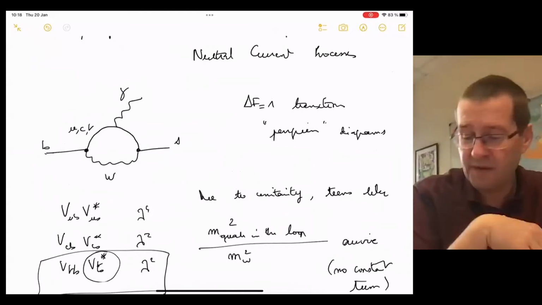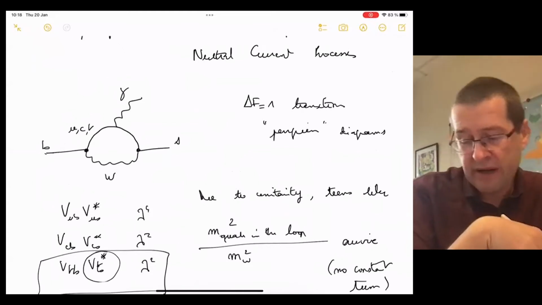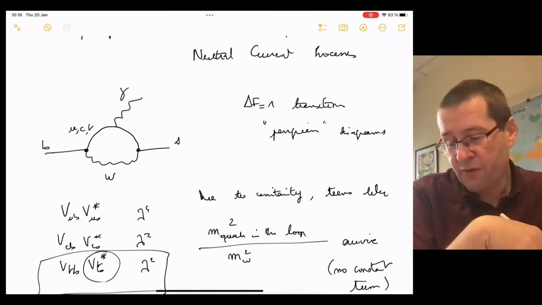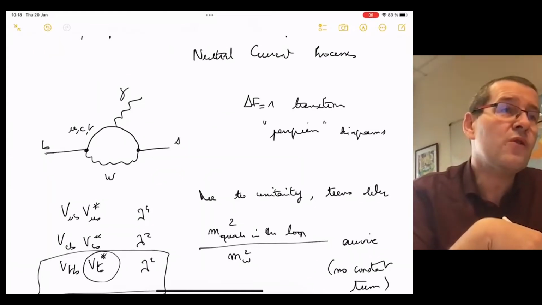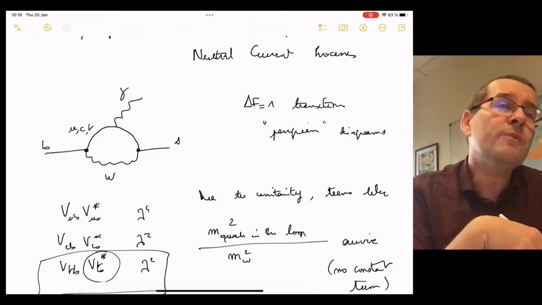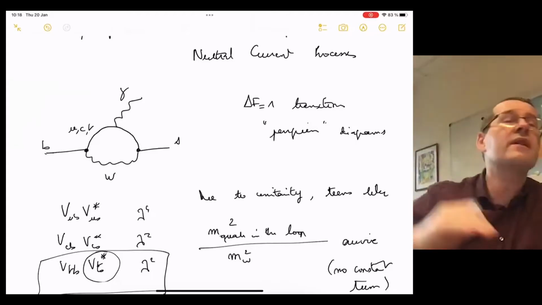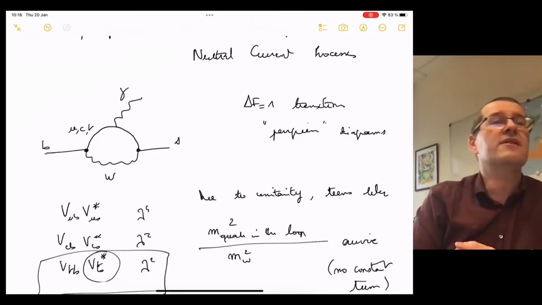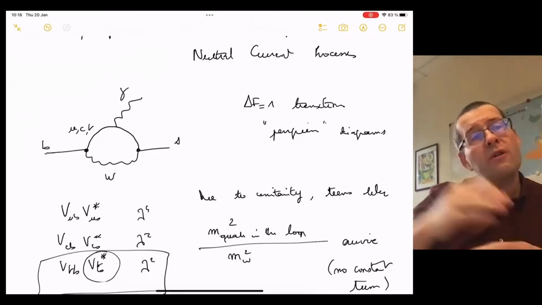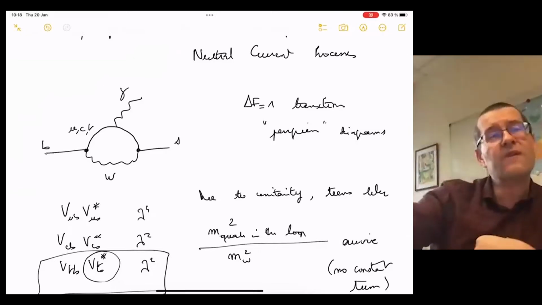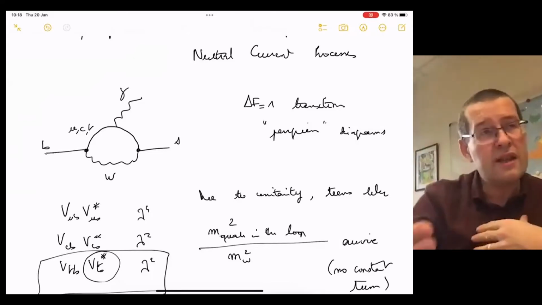So that's the simpler case. But if you remember, I also drew a few diagrams where, when you have a U or a C inside the loop, you couldn't shrink everything. You had to let the up quark or the charm quark propagate. And so in the end, you would have to take into account non-local contributions, and the evaluation of these non-local contributions is quite challenging.